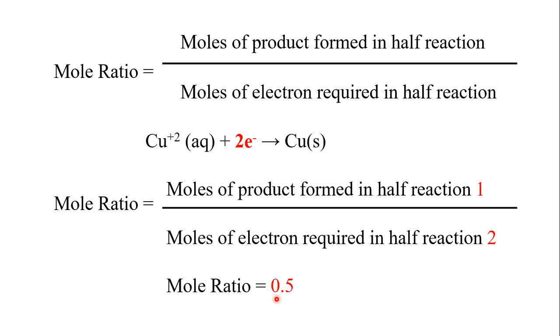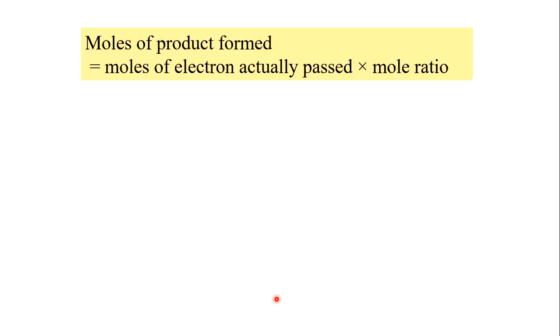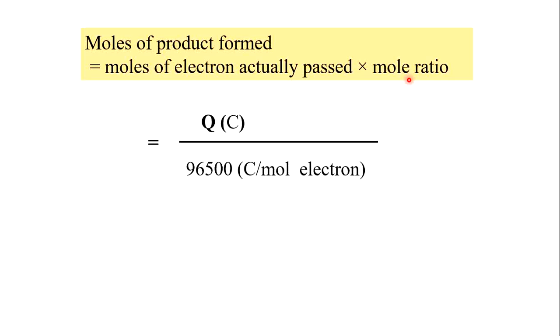And once you know the mole ratio, you can calculate the number of moles of product formed, and that is equal to moles of electrons actually passed into mole ratio. And you know that moles of electrons actually passed is equal to Q divided by 96,500 coulombs per mole of electrons, into mole ratio.